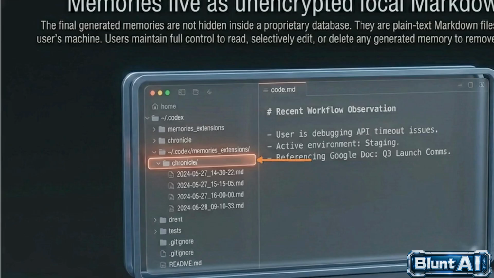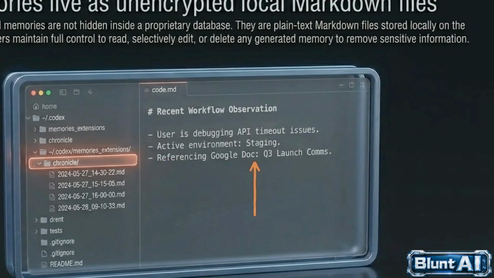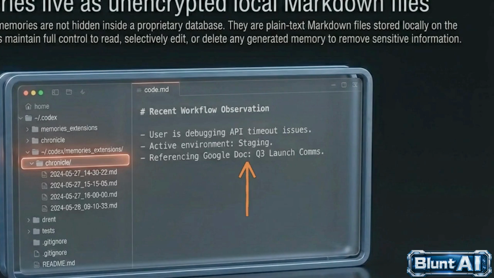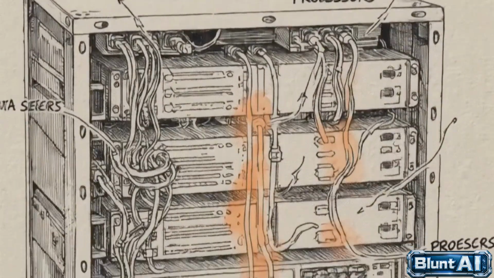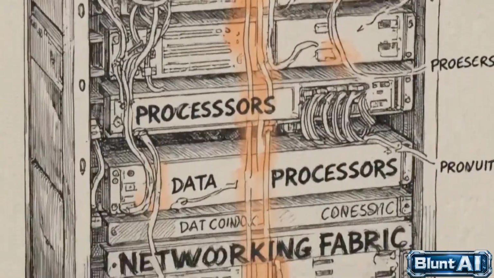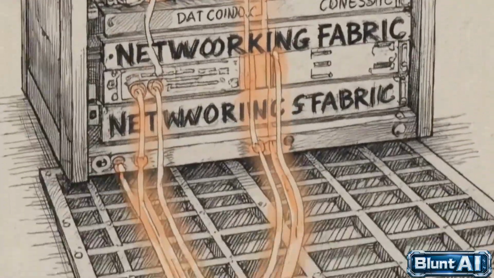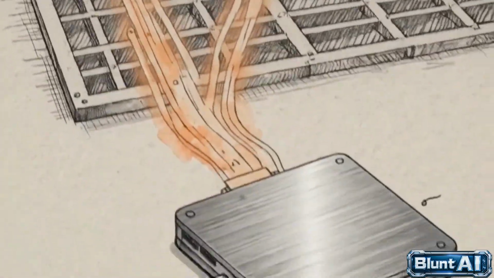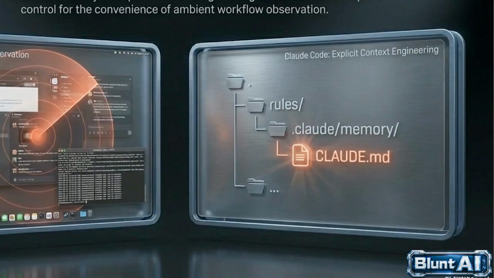That summarized text is then pushed back down to your computer. It lives inside a dedicated folder as an unencrypted plain text markdown file outlining your recent environment and actions.